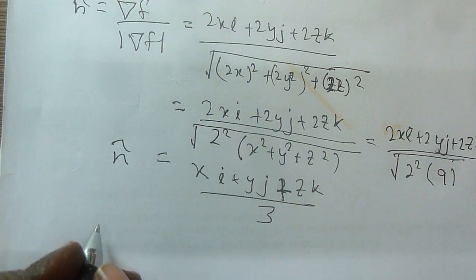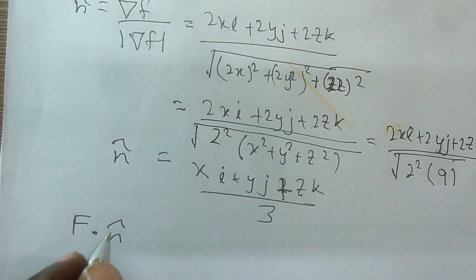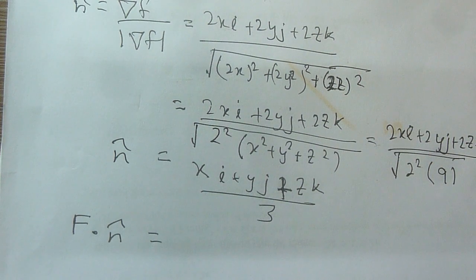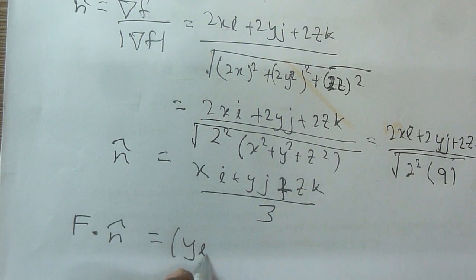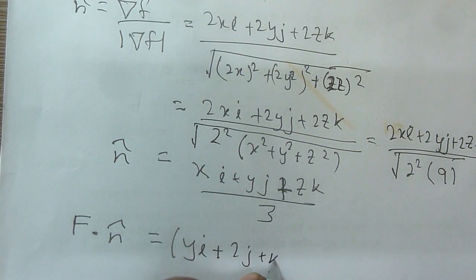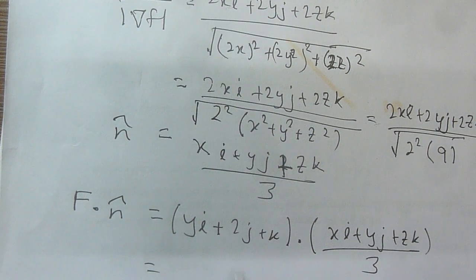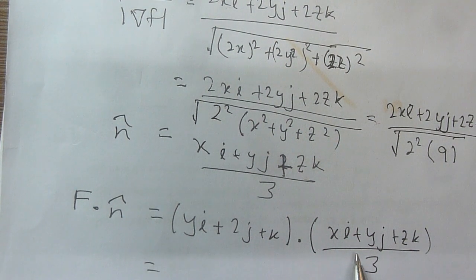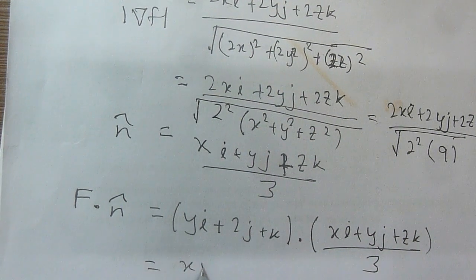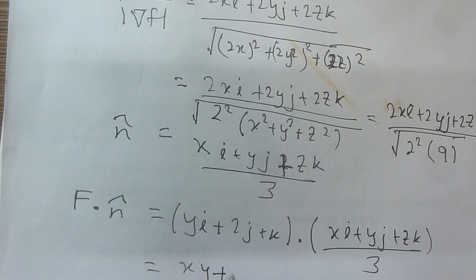What about F dot n? Combine these two. What is F? F is y i + 2 j + k. Dotted with (x i + y j + z k)/3, you get xy plus 2y plus z, divided by 3.